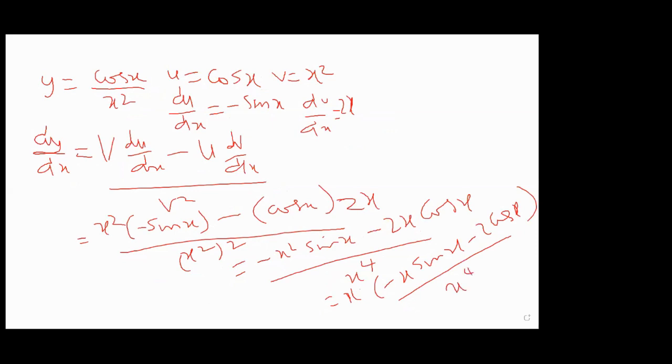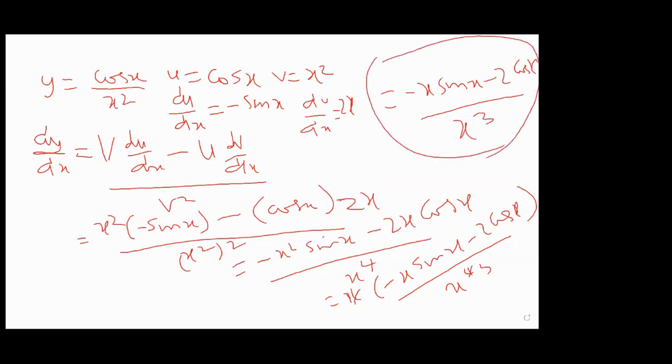We cancel one x, and this becomes x cubed. We now have minus x sine x minus 2 cos x all over x cubed. This will now be the final answer.